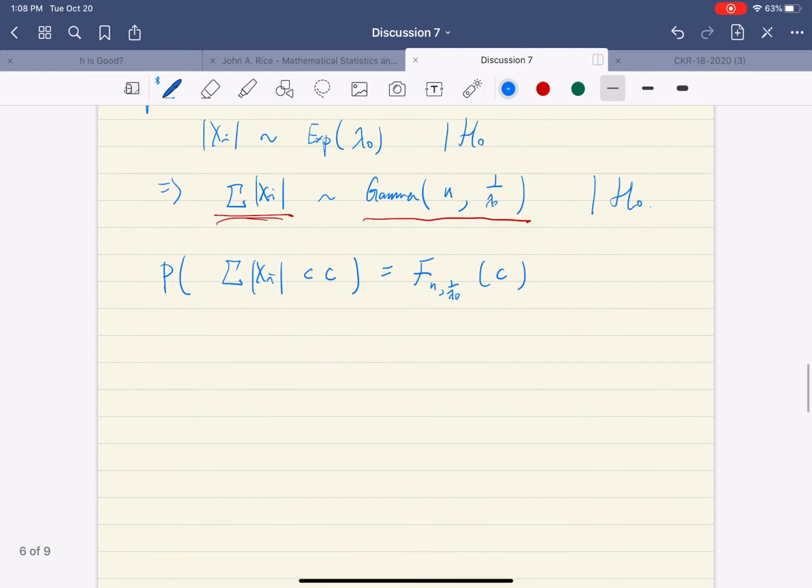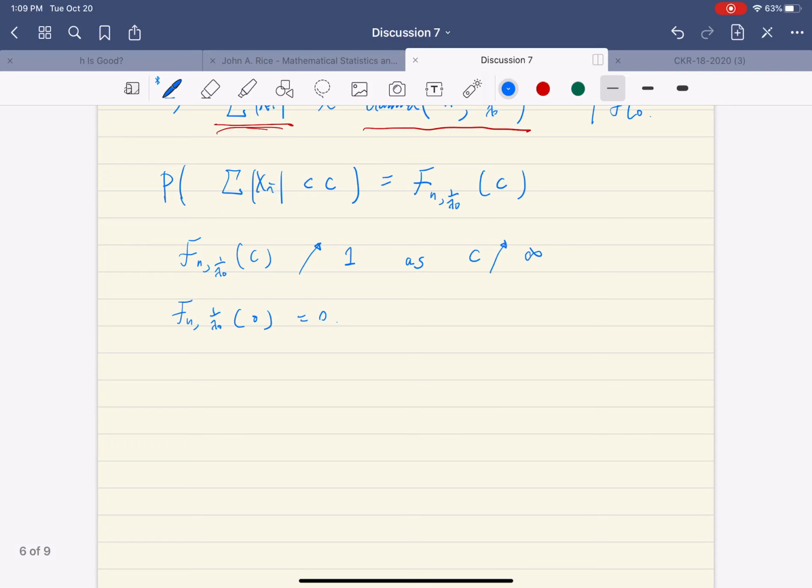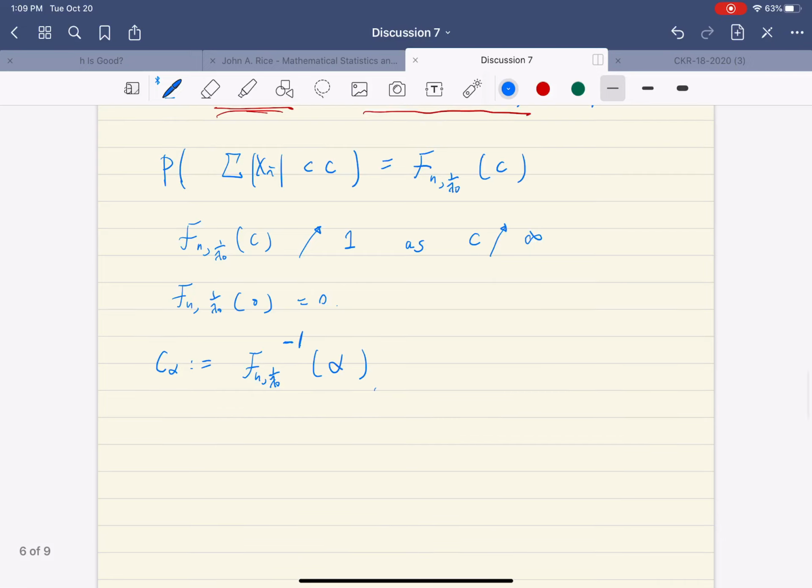And we also know that the CDF of this is an increasing function of C. So this goes to 1 as C goes to infinity, and the value at 0 is 0. So we will be able to find a truncation C alpha, and we can define C alpha as the inverse function of this at alpha.